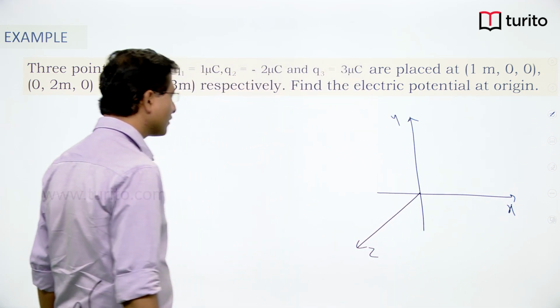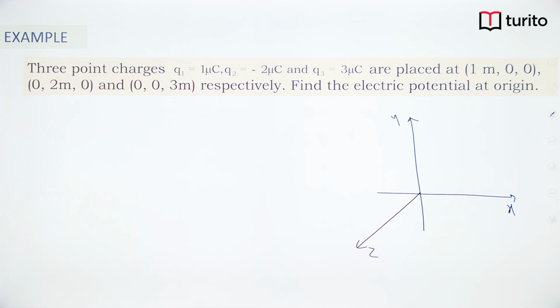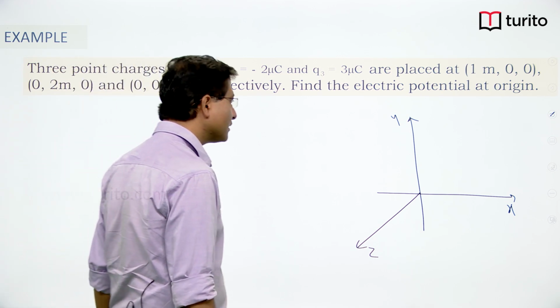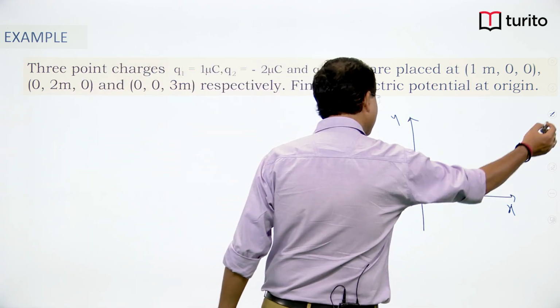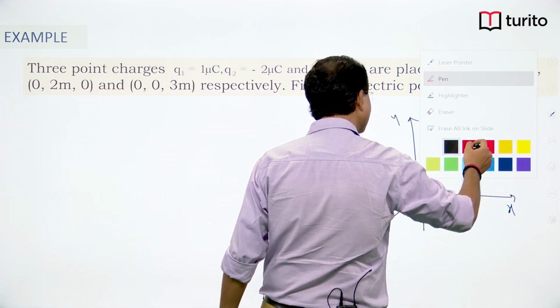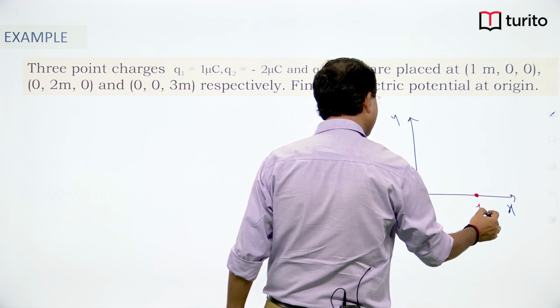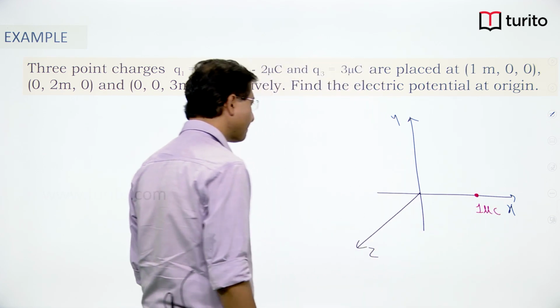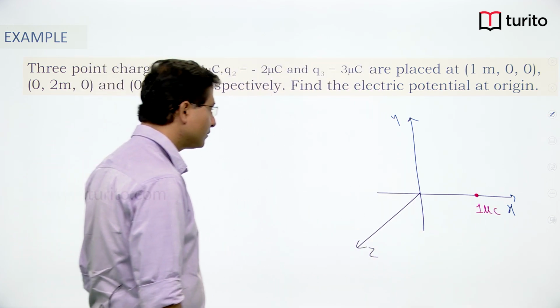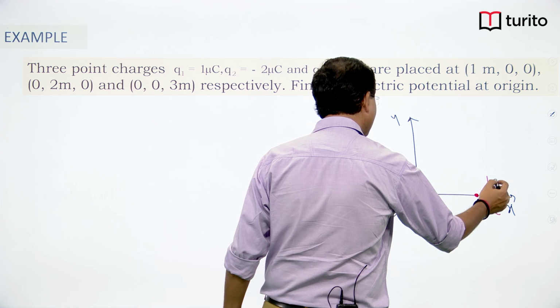Now if I want to locate all the charges, the first one is 1 microcoulomb placed at 1, 0, 0, on the x axis.